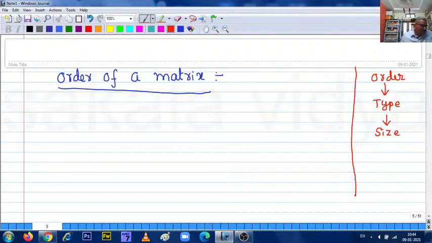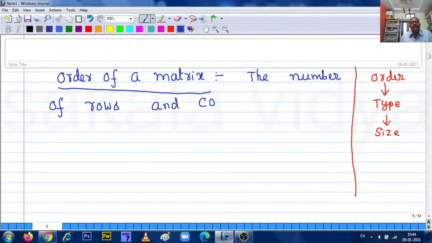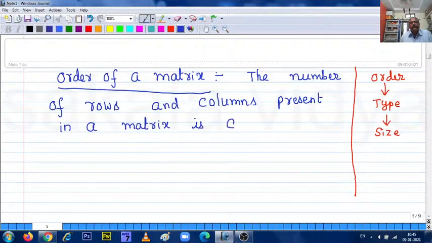So that means the number of rows and columns present in a matrix is called order of a matrix.